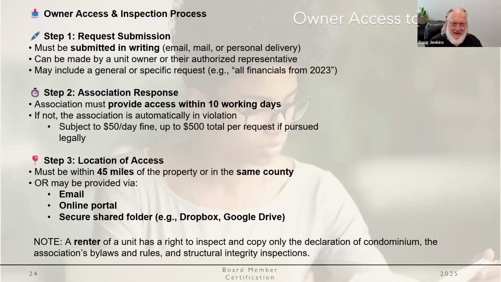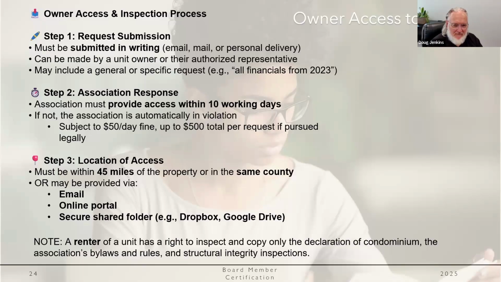It can be made by the unit owner or their authorized representative. And it may include a general request, I want to see all of the records, or it may include a specific request for a specific record that they want to see. The association has to respond within 10 working days with the records.